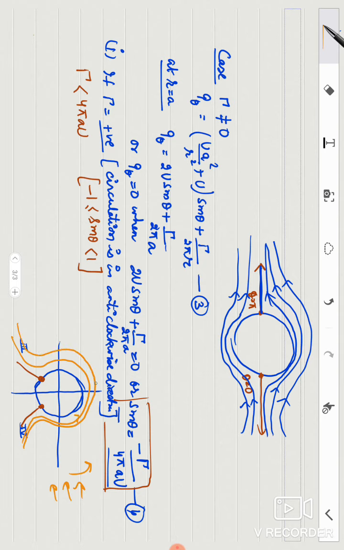This is the flow line, these are the flow lines, and this is the flow line. Why have I taken these directions? Because fluid is coming from this direction. So it is the pattern of the flow.